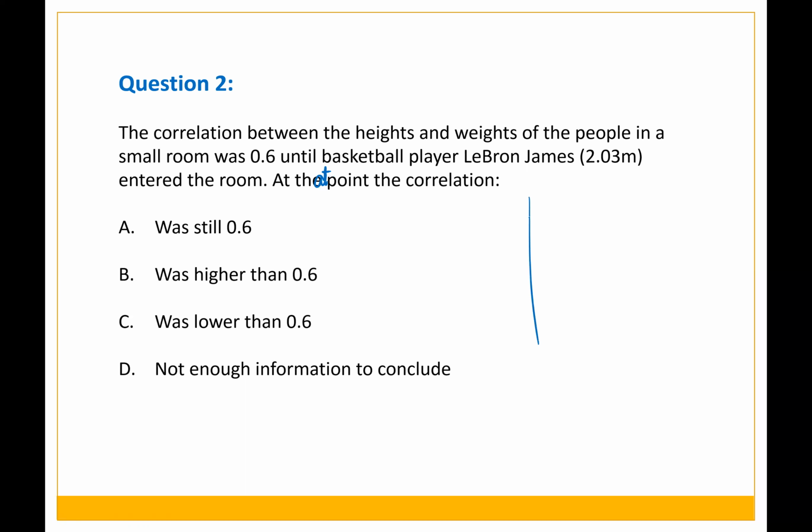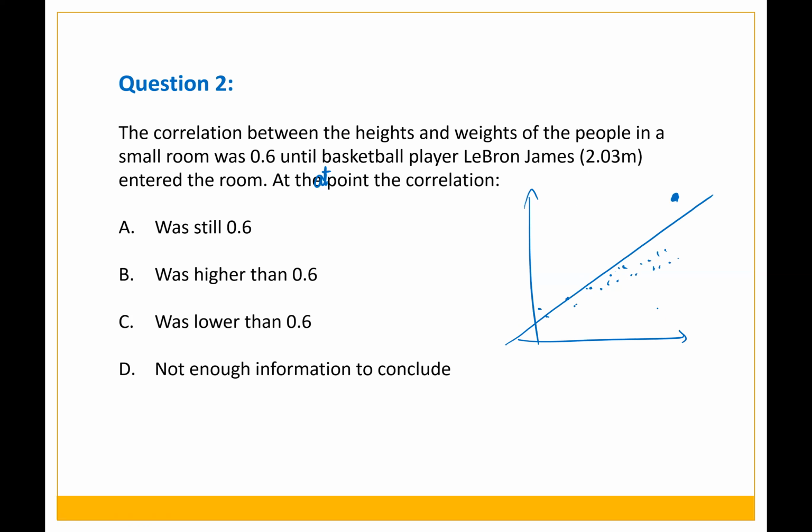So say first of all the points are somewhere here. Then you suddenly have a point for LeBron James which is this high. So it's going to pull the entire regression line. The relation goes up because he has much higher height compared to weight.